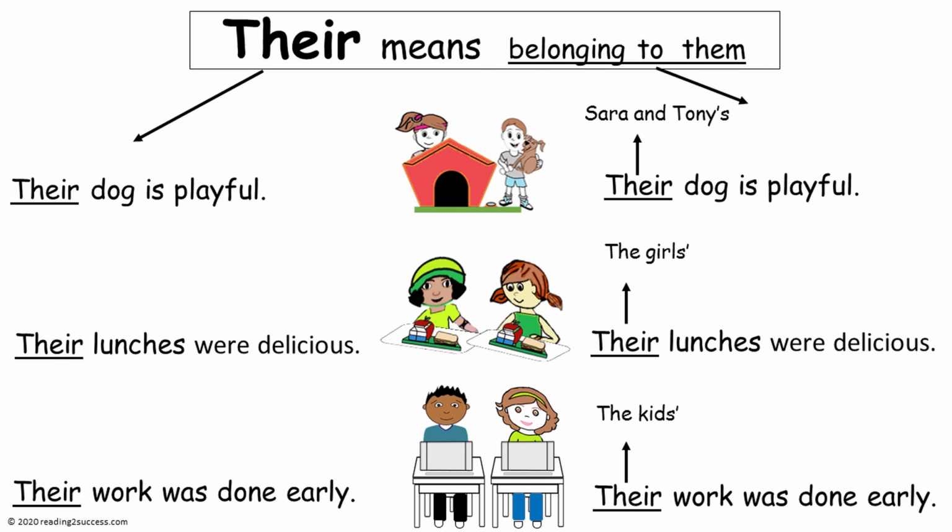Our next sentence says, their lunches were delicious. Whose lunches were delicious? The girls' lunches were delicious. The lunches belong to the girls. Our third sentence, their work was done early. Whose work was done early? The kids' work was done early. The early work belonged to the kids.